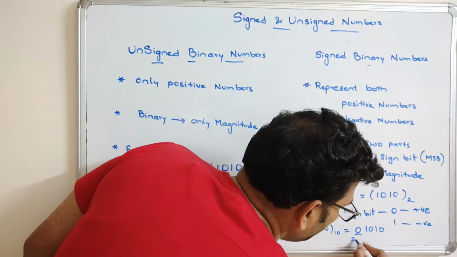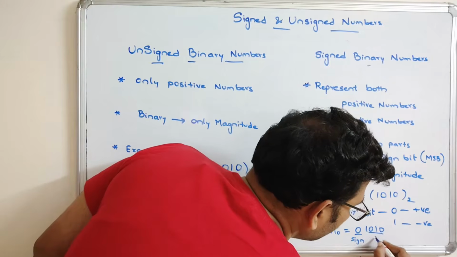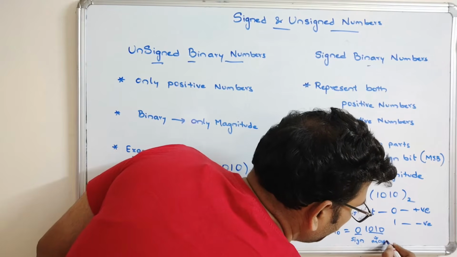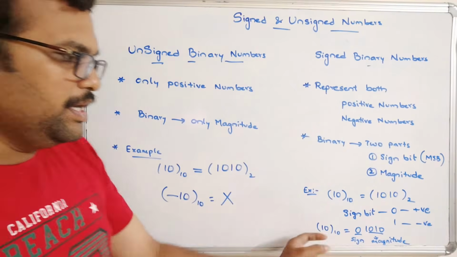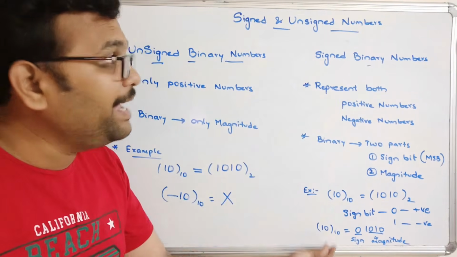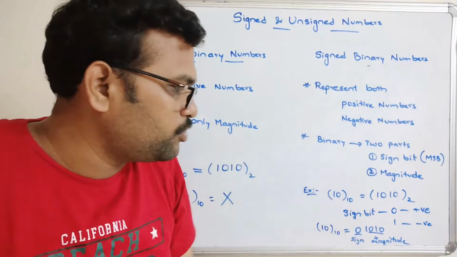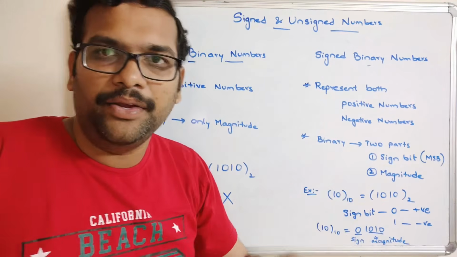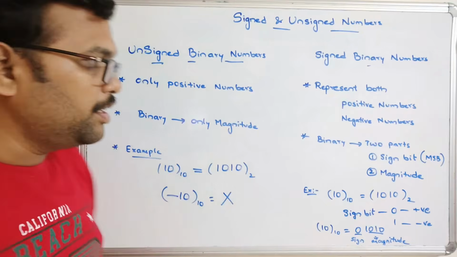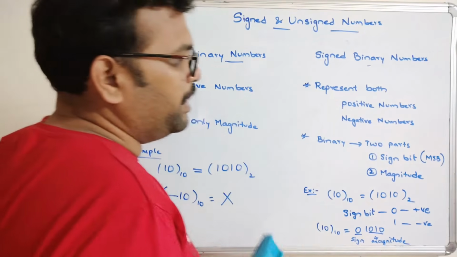The first bit is the sign bit and the rest is the magnitude, that means the actual value. So positive 10 in a signed binary number is represented with one sign bit followed by the magnitude. This is a signed binary number.